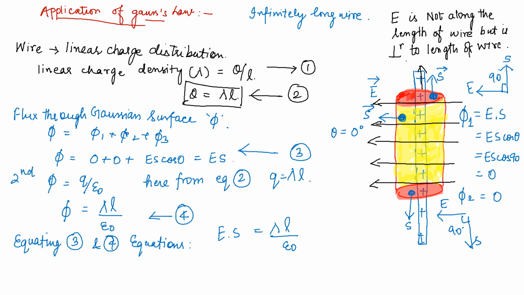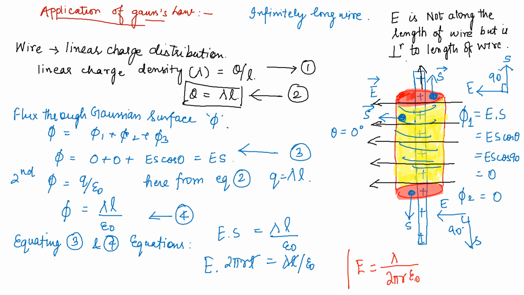Then the surface area of this cylinder, only the curved surface area, is given as 2 pi RL equals lambda L upon epsilon naught. Here L will cancel out and we will be left with E equals lambda upon 2 pi R epsilon naught.